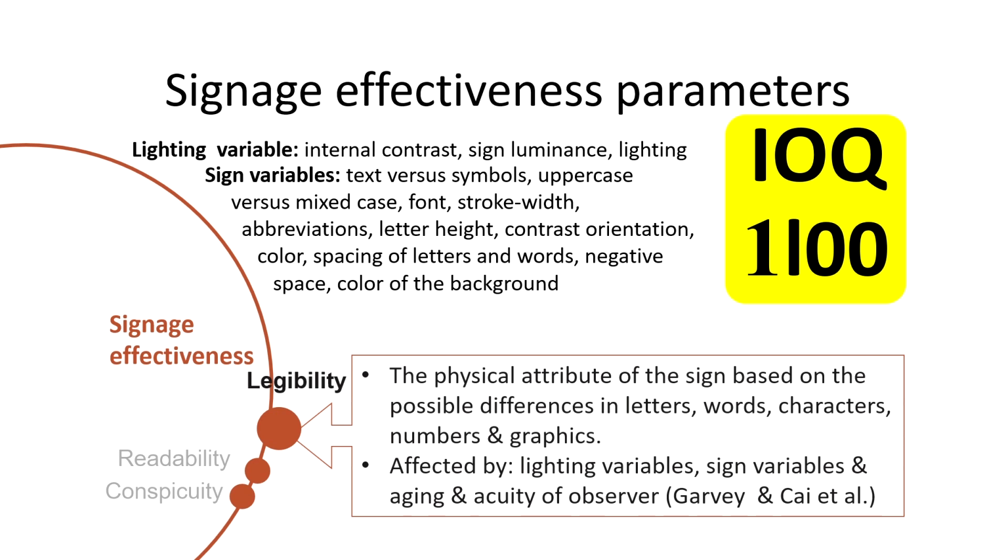As you see, we have two variables here. One refers to lighting variables. Another is the sign variables.